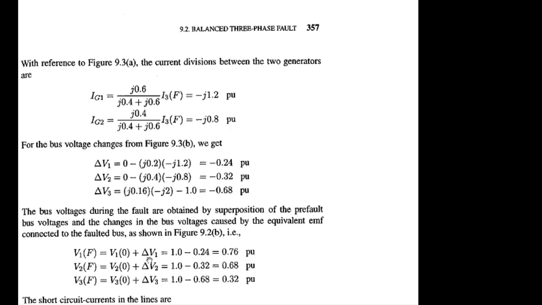We considered V1(0) initially as 1, the pre-fault standard voltage, and that is deviated by this drop of 0.24, and it will give you the fault bus voltage.